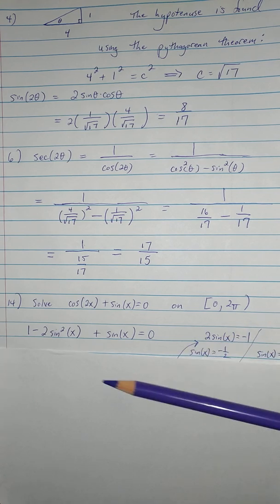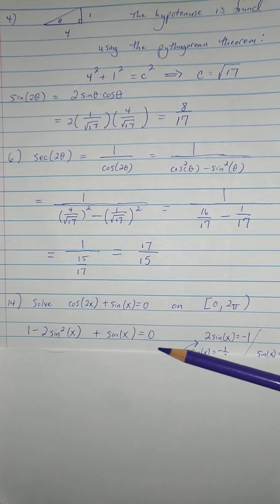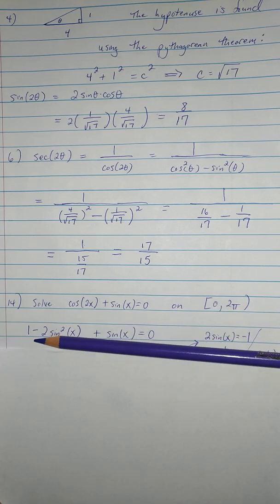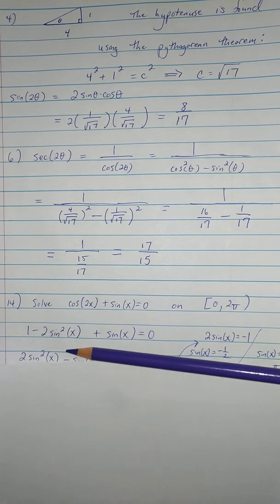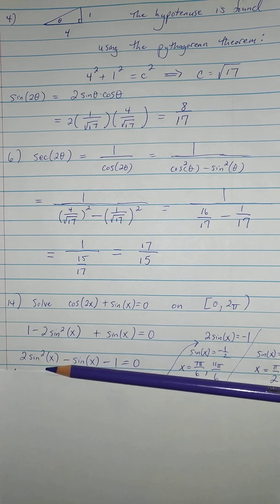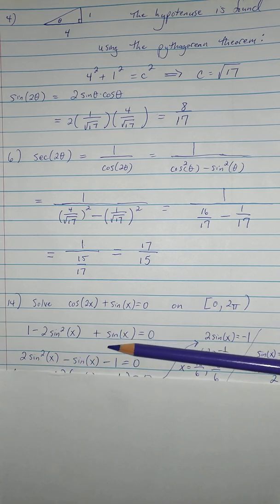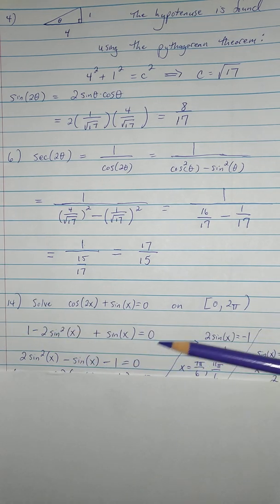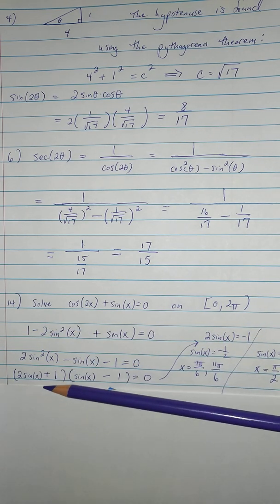Now what I'm going to do is multiply everything here by -1, everything by -1, and reorder it. So negative times negative is going to become positive, so there's 2 sine squared x, minus sine x, because again I'm multiplying by a negative, and then minus 1 equals 0. I factor it.